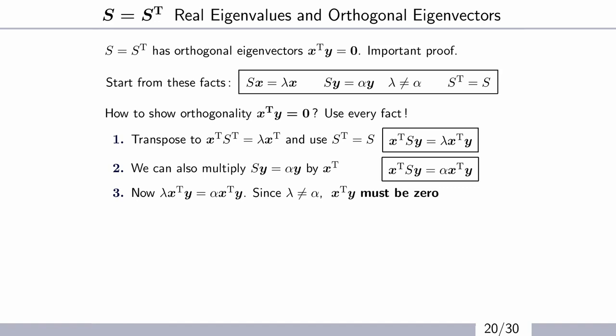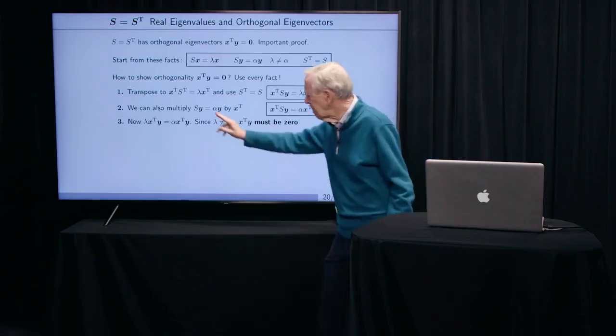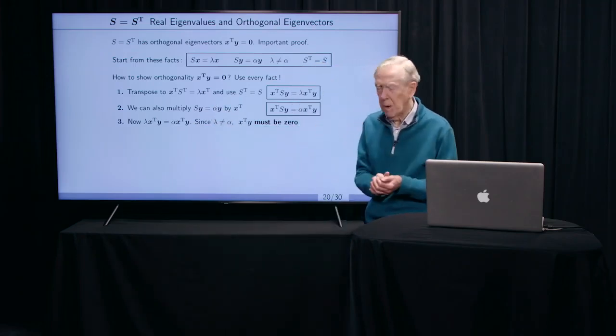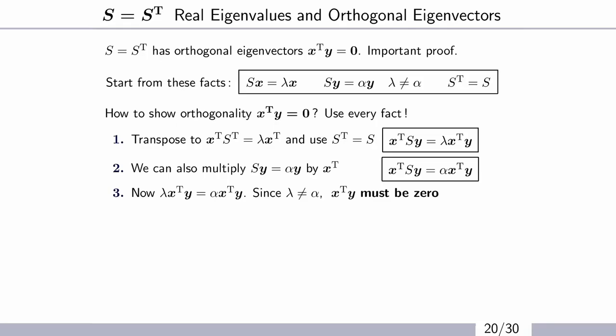What I end up with is recognizing that lambda times that dot product equals alpha times that dot product. But lambda is different from alpha. So the only way lambda times that number can equal alpha times that number is that number has to be 0. And that's the answer. Okay, so that's the proof that used exactly every fact we knew. End of proof. Main point to remember, eigenvectors are perpendicular when the matrix is symmetric.